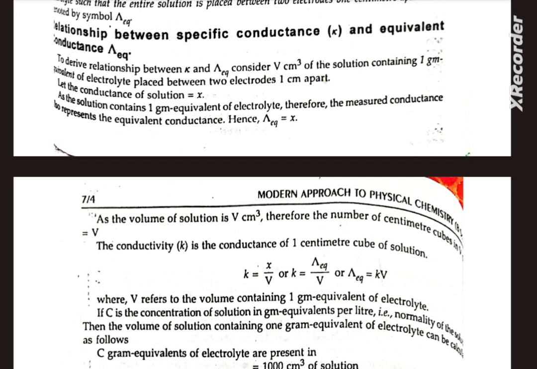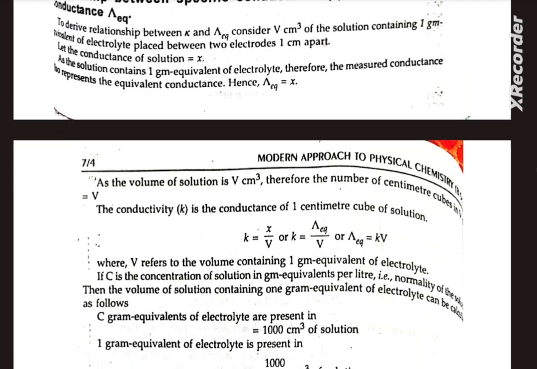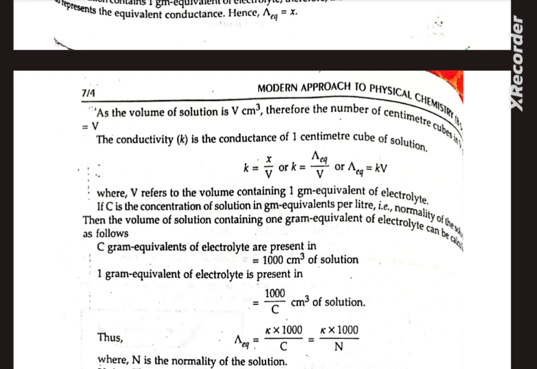As the volume of solution is V centimeter cube, the number of centimeter cubes in V volume will be equal to V. The conductivity K is the conductance of 1 centimeter cube of the solution, so X is equal to KV, where V refers to the volume containing 1 gram equivalent of electrolyte. If C is the concentration of the solution in gram equivalent per liter, that is the normality of the solution, then the volume containing 1 gram equivalent can be calculated as follows.